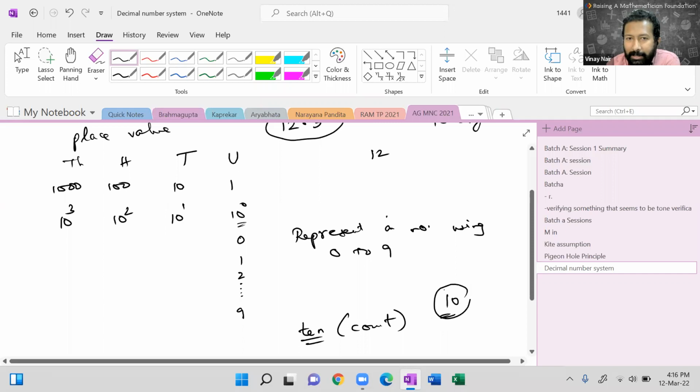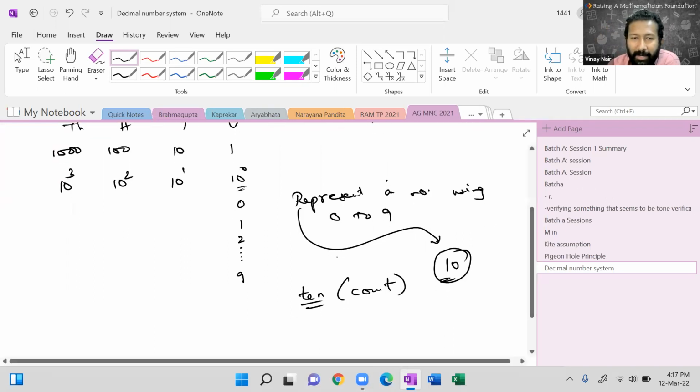Okay, this is a representation of the count 10. Just like this is the representation of count 10 using fingers, 1 0 is the representation of count 10 in decimal number system.